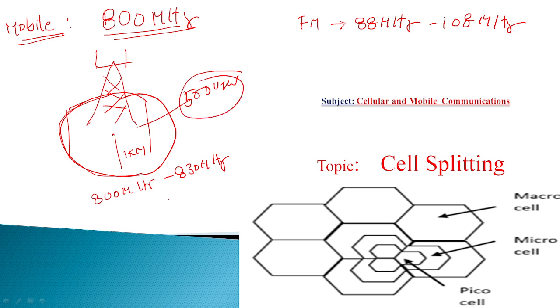Just an assumption. But I want to increase capacity, because of weak signal strength, and because of valleys and hills you may get a weak signal while transmitting.